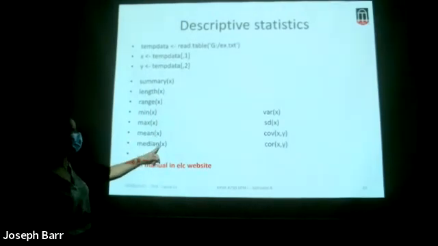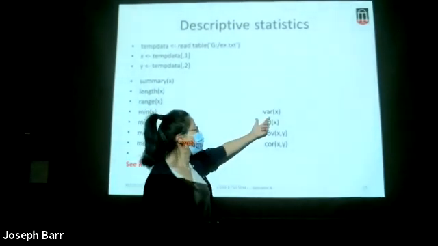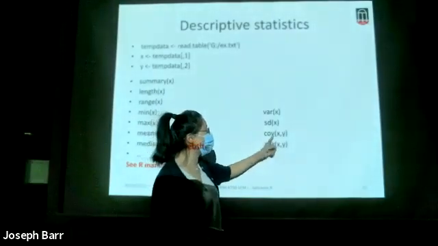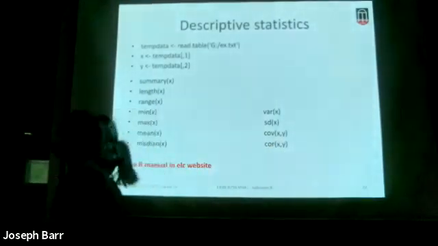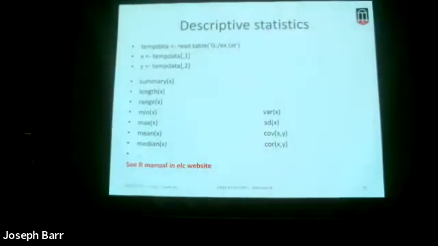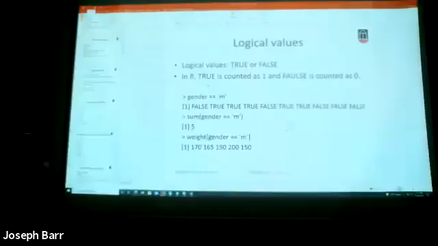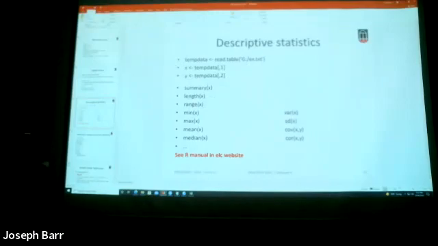What is the median of that x? What is the variance? What is the standard deviation? Covariance between x and y, correlation between x and y. So all of these are very important for our descriptive statistics.